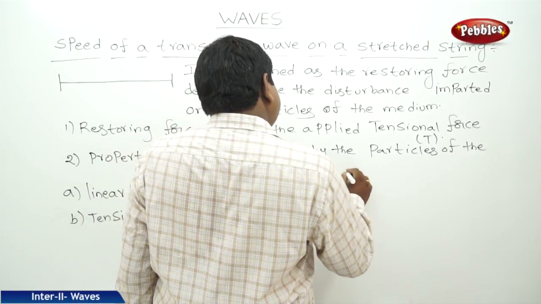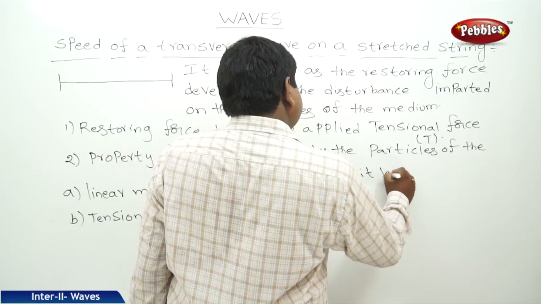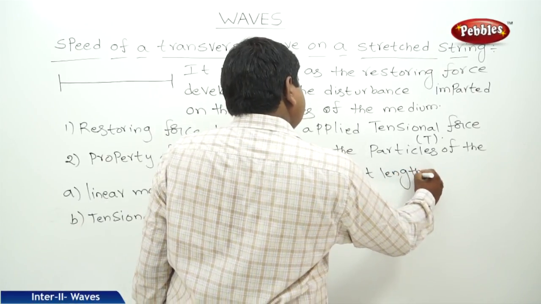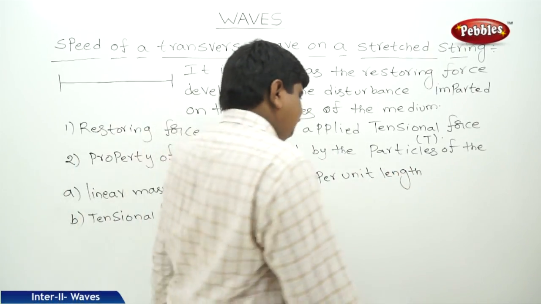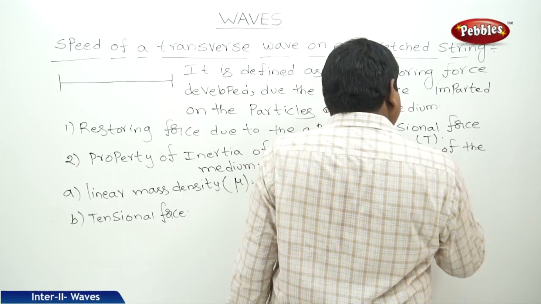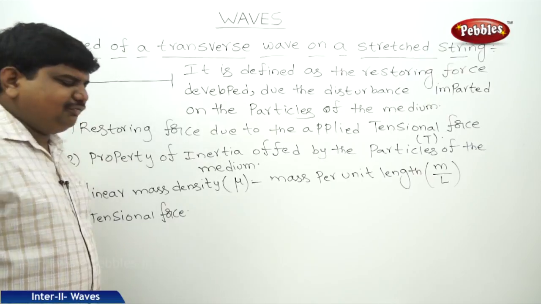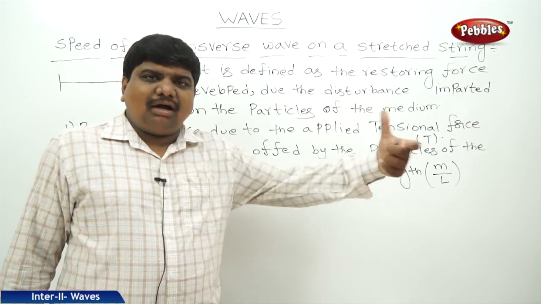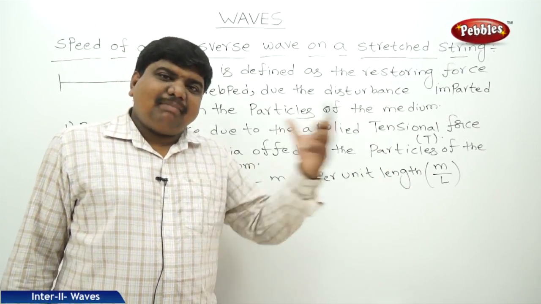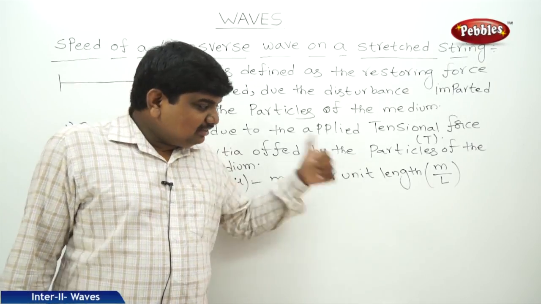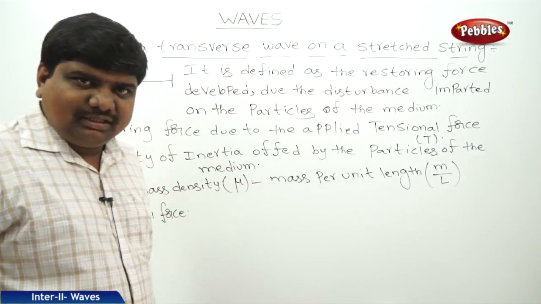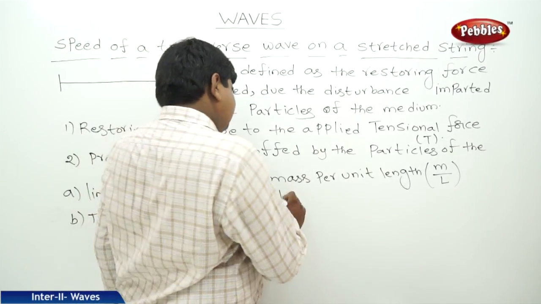So mu is equal to m by L. Suppose you take a 1 meter copper wire, and its mass is some 1 kg.